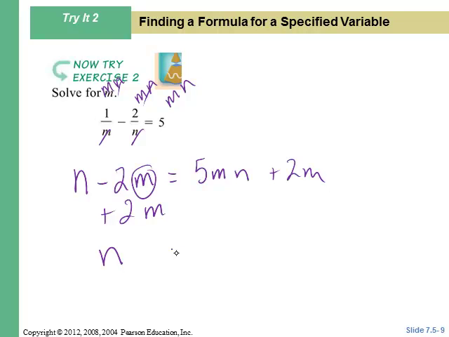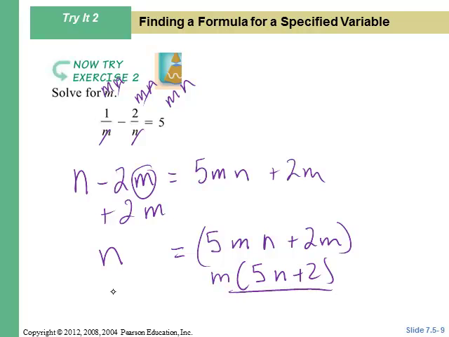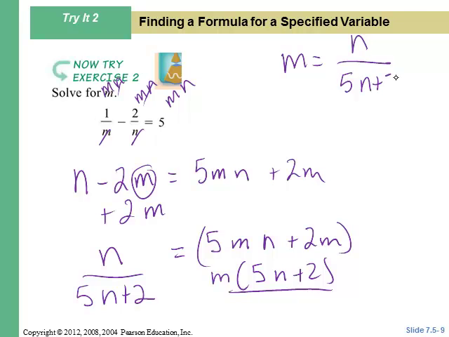So we have n equals 5mn plus 2m. Factor out the m. We have 5n plus 2. Divide both sides by 5n plus 2. We have m equals n over 5n plus 2.